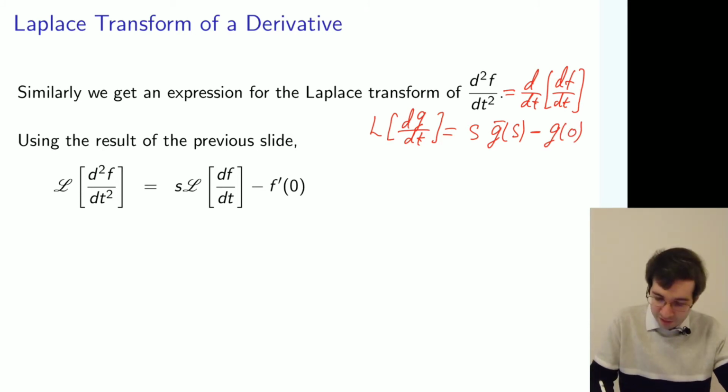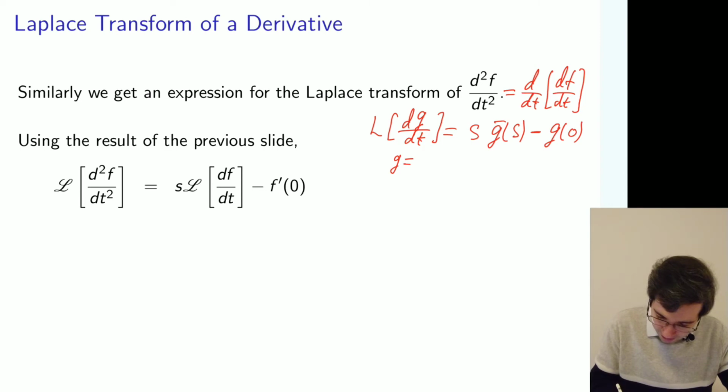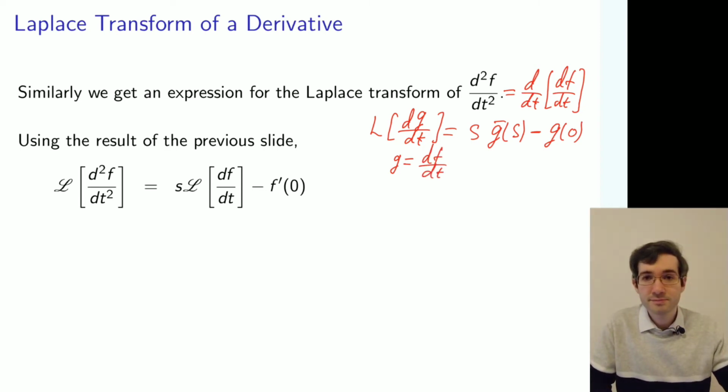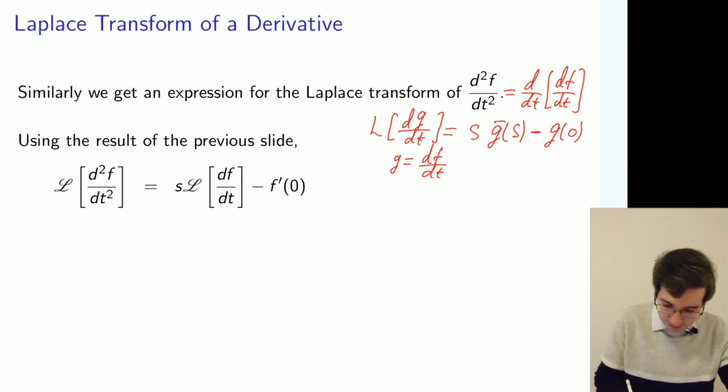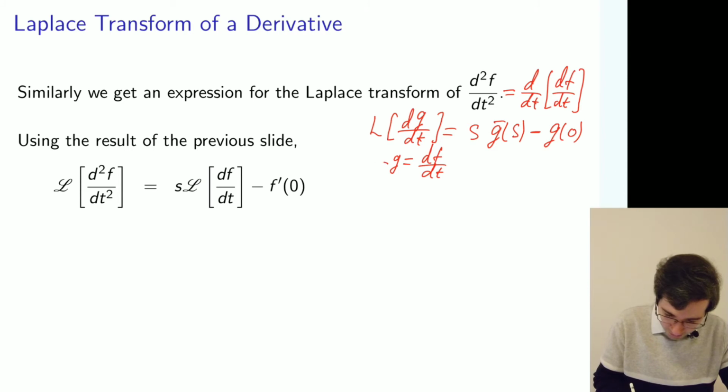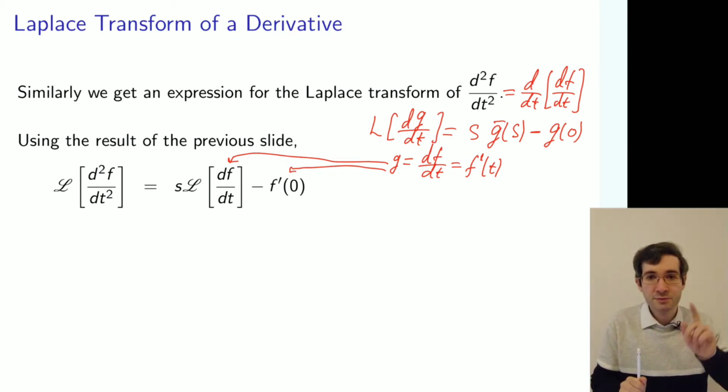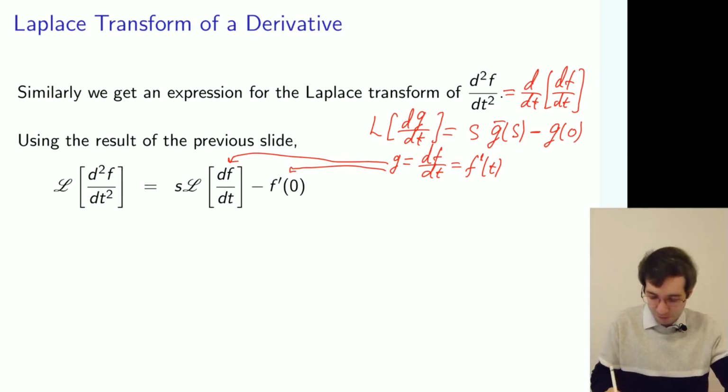And here g is the derivative of f. So by doing that trick, and I also know that there's a notation for the derivative as that, we can find the Laplace transform of a second order derivative.